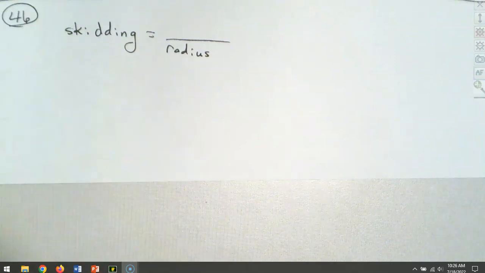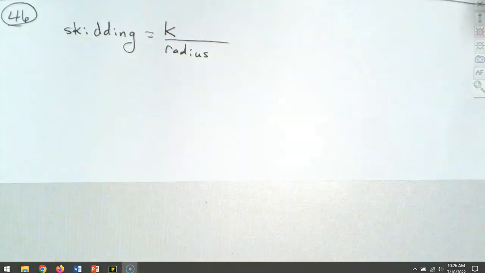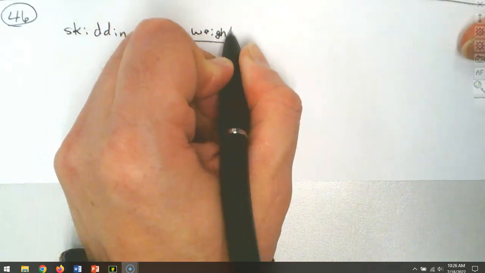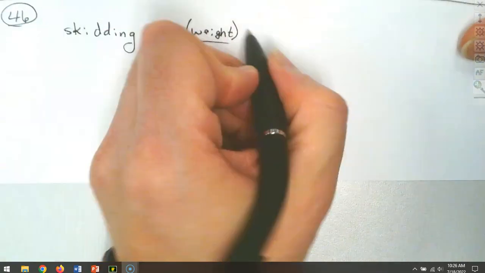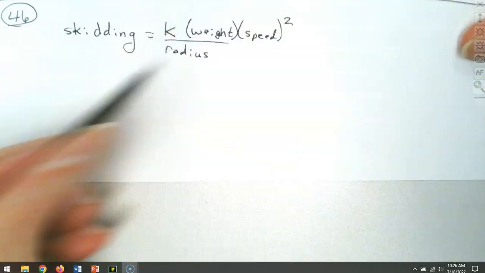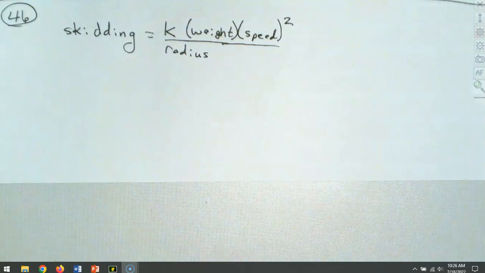They go together. We don't know K. K is going to be our unknown. And what's going to go on the top is the weight of the car and square of the speed. So the speed has to be squared. So there's our new formula.